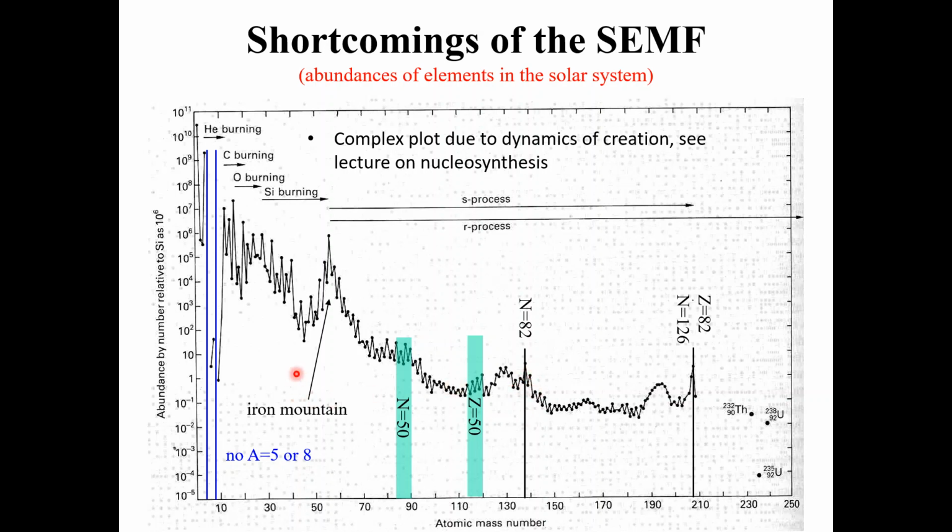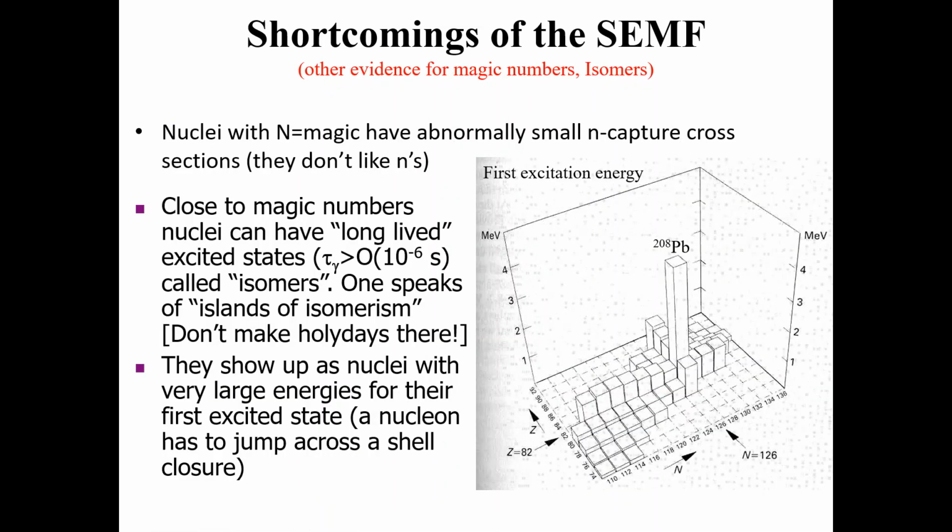And we have the iron mountain, just like you can see here. But this iron mountain is smaller than the oxygen peak. So again, this is something that is against the semi-empirical mass formula.